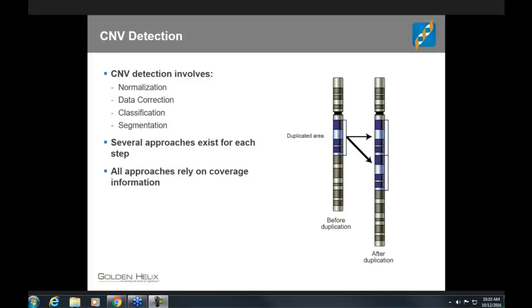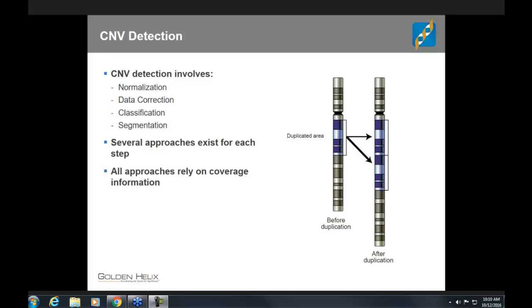But once you've got your data normalized and corrected, the next step is actually to perform the classification. That is, you go through your target regions and you determine if they're diploid, homozygous deletion, heterozygous deletion, or duplications. And this is usually done using either simple thresholding approaches or using hidden Markov models.